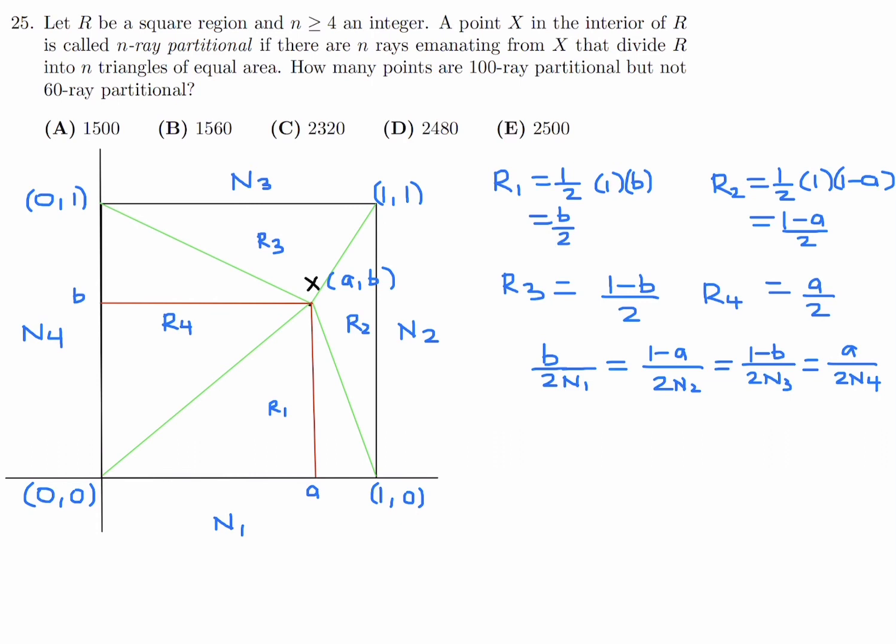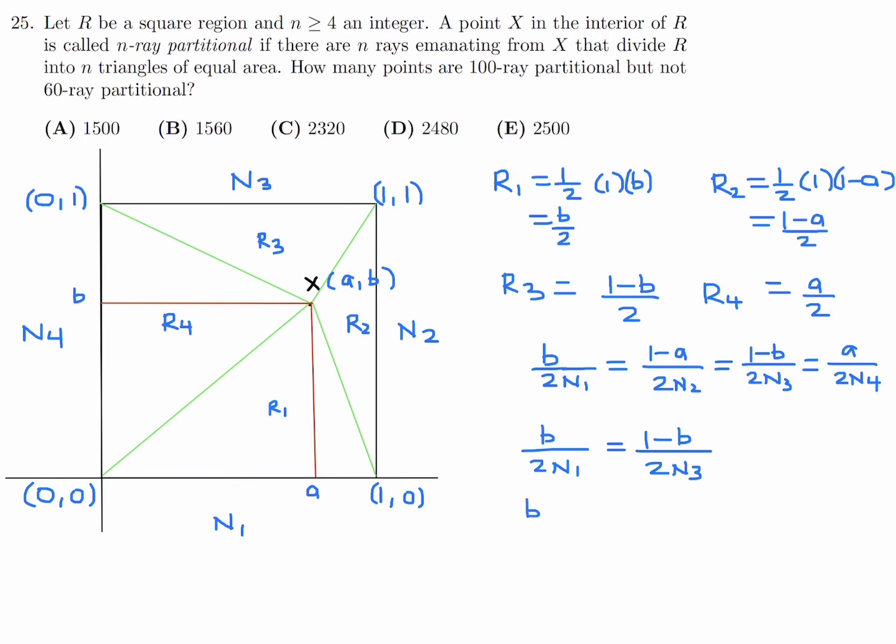Now, since we've got this equality, let's use it. And in particular, let's use the ones that have the same variable, at least for A and B. So B over 2N1 is equal to (1 minus B) over 2N3. And this will allow me to isolate for B. Let's get rid of the 2's first.